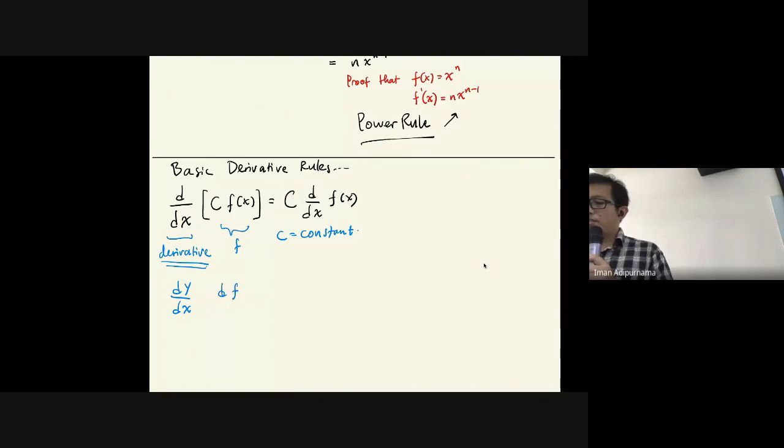So you can also write d f of x dx, or you can write d dx and this is your function here. So d over dx is your tool to derive, if you want to write in the math notations.